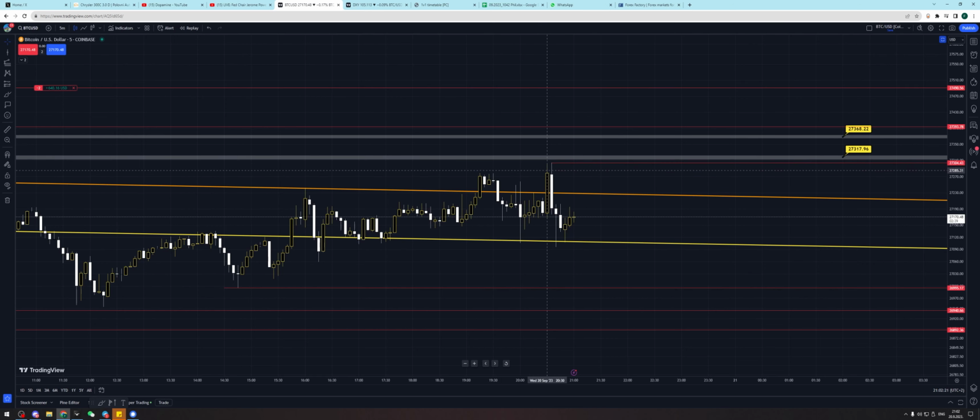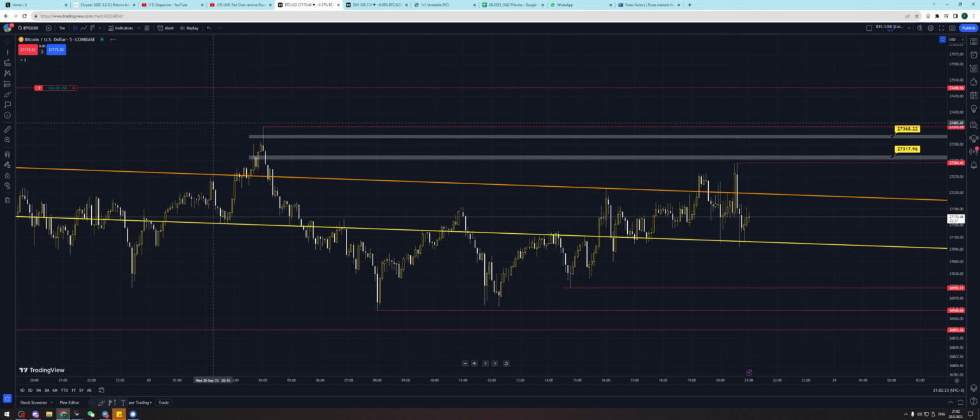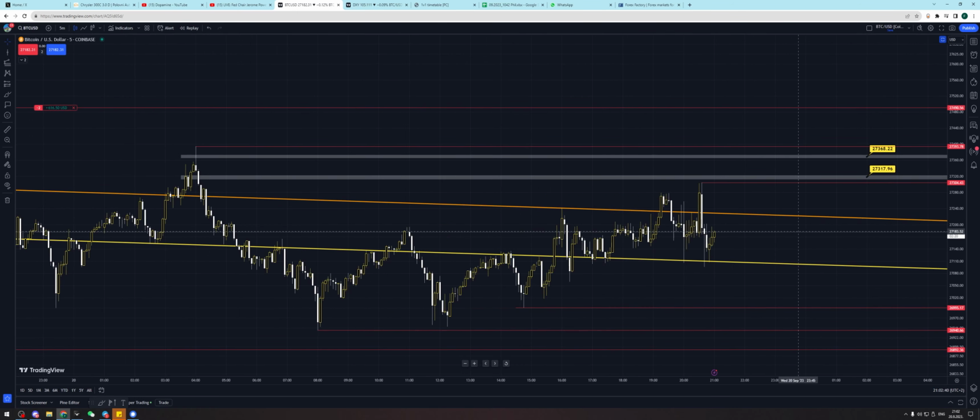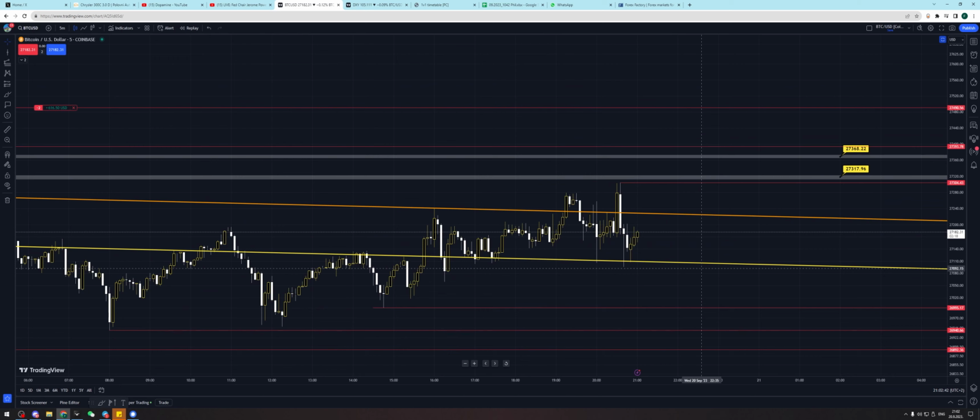People buy here thinking, okay, we've got this high, the next high is here, we will take it, and they got liquidated. Price went down again. People thought we're going to break this trend line or this level, take these lows, they entered their shorts, and price went up. So an asset moves where the most liquidity is. That's what I see. Maybe I'm wrong, maybe I'm right, doesn't matter, it is what happened on the chart.